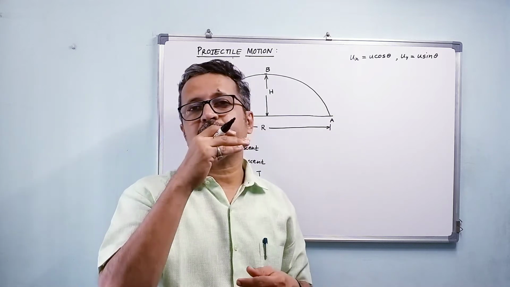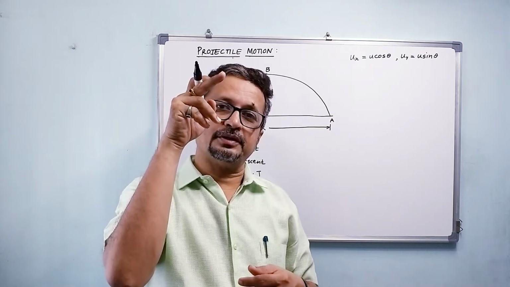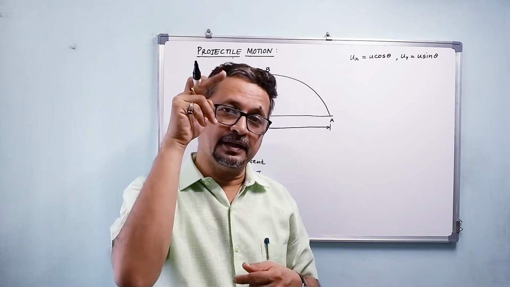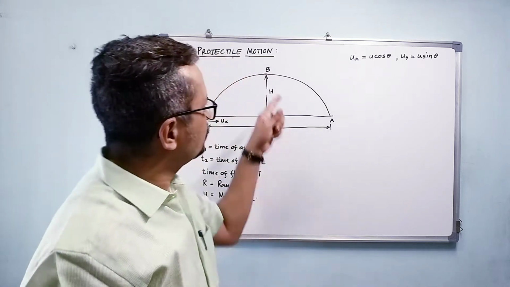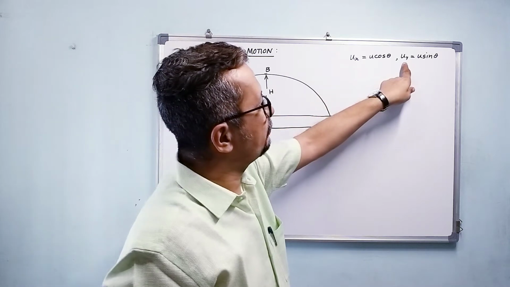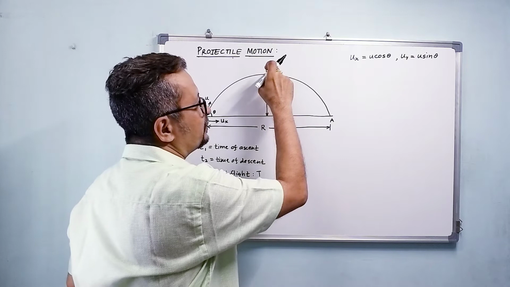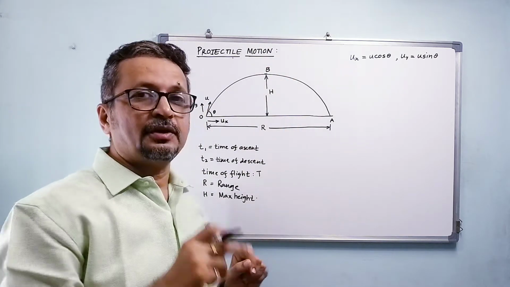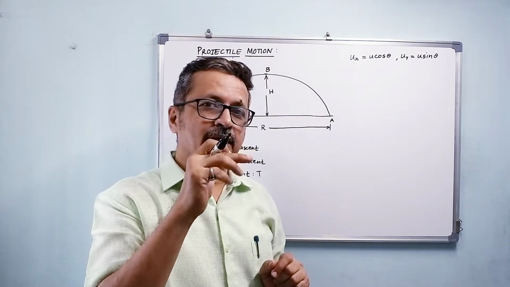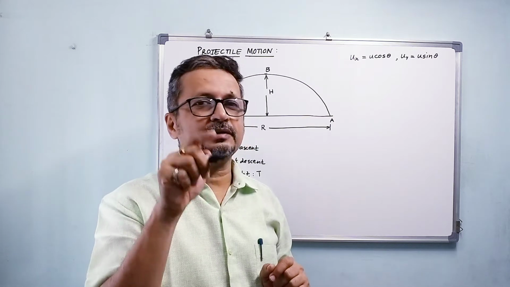At some point it becomes zero, and from that point of maximum height, it will start coming down. So my initial vertical velocity is uy. My vertical velocity at point B, which is the point of maximum height, becomes zero.